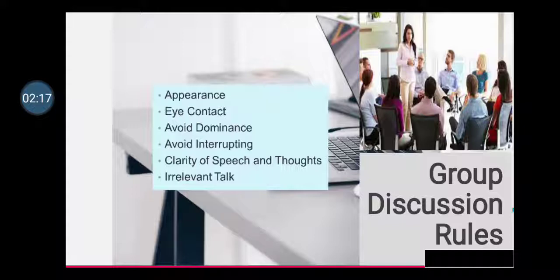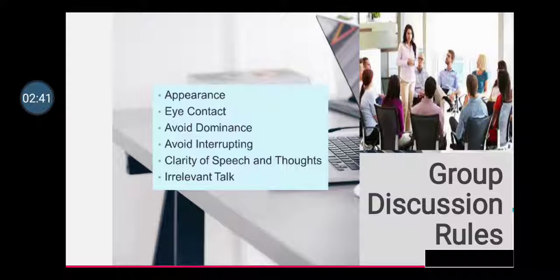The fourth one is avoid interrupting. It is considered mannerless to interrupt someone while talking. Everyone has something to say, and one should respect that and let your turn come to have your own say. There could be a situation where you need to cut short the speaker. If so, do it politely with due respect and apologies.